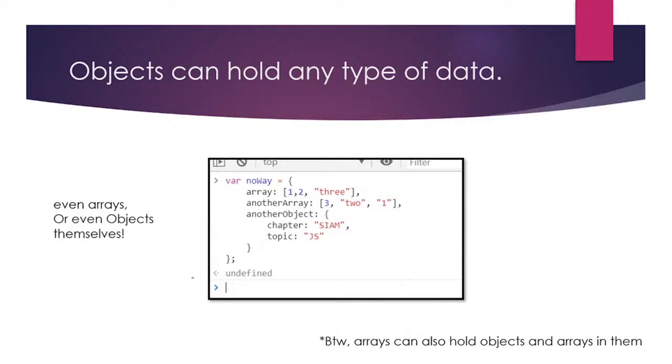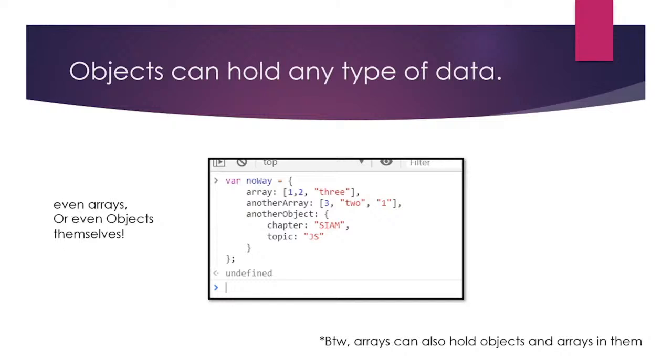So objects can obviously hold any type of data, and they can also hold another object. You just need to specify the key, then the colon symbol, and after that your value, whatever the key is going to hold. So in this case, another object holds this value, the object.